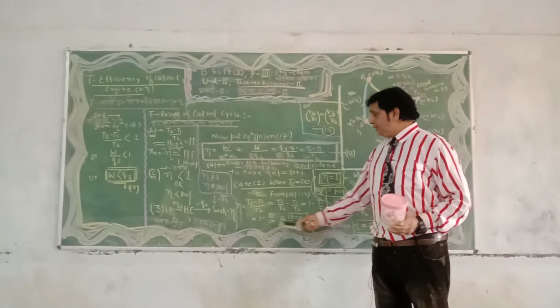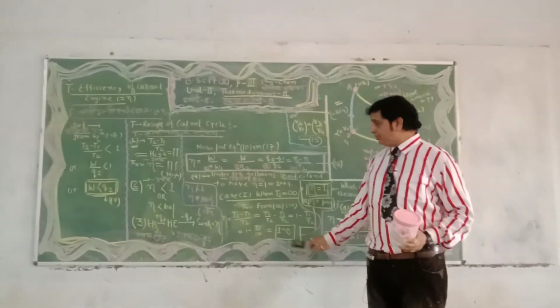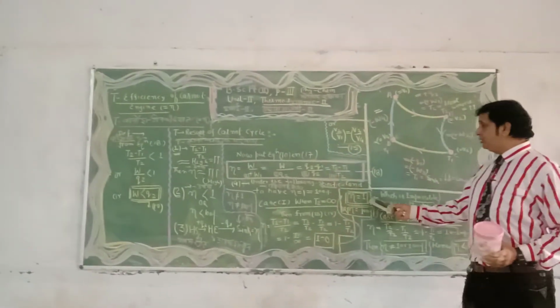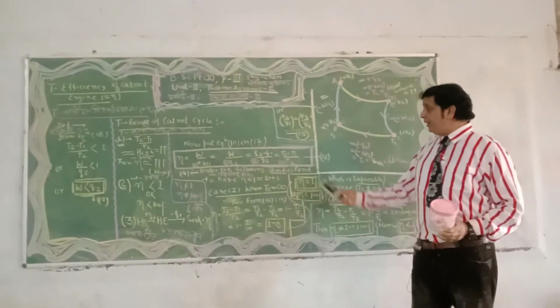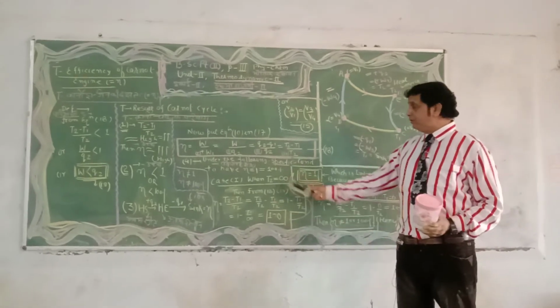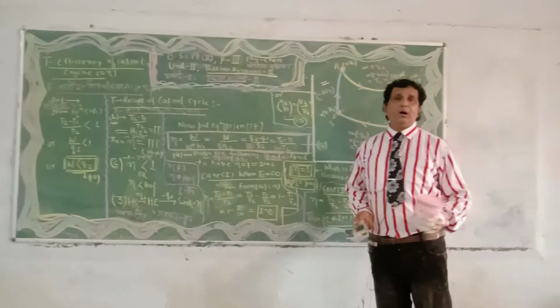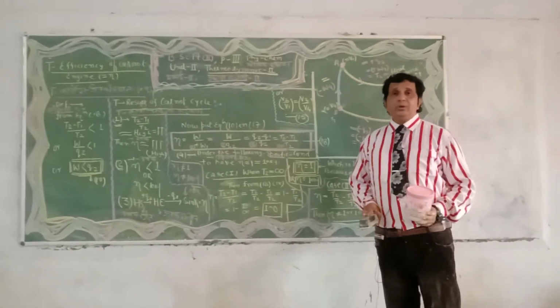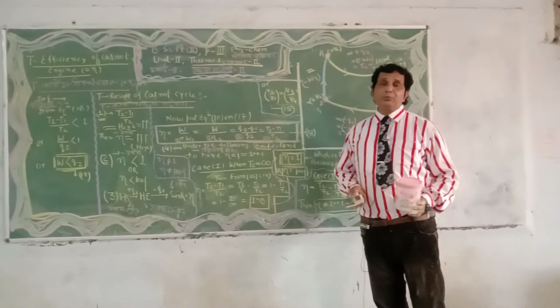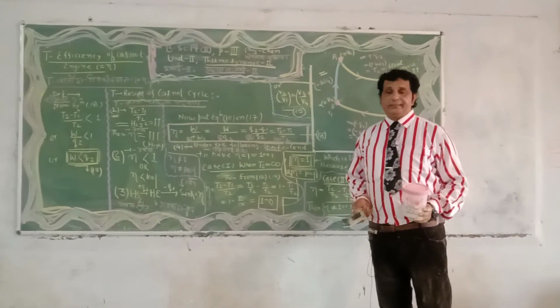Put down the value of T2 as infinite, the rest quantity is zero, so eta is equal to 1. Dear student, eta is equal to 1 when we put T2 equal to infinite, which is impossible because the temperature of the heat source cannot be expressed as infinite.